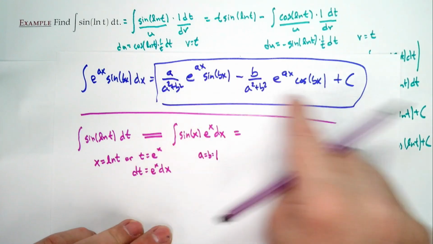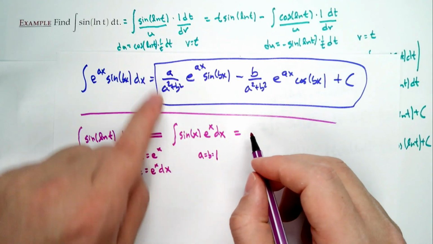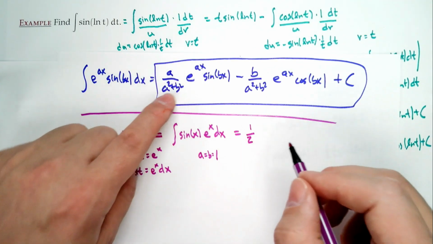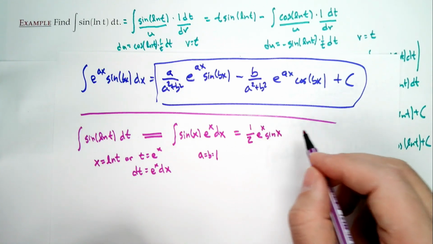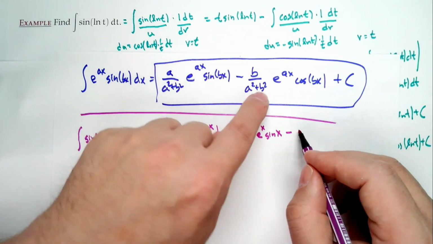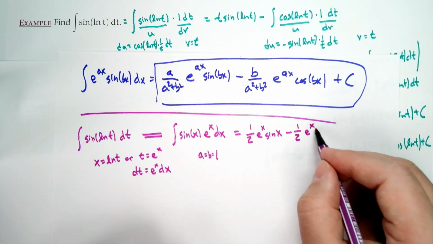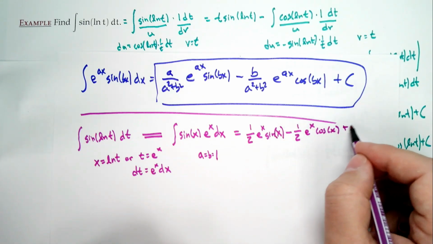So we apply the formula, which comes from doing integration by parts twice. We'll get 1 over 1 squared plus 1 squared, which is 2. So 1/2 e to the x sine x, then minus 1 over 1 squared plus 1 squared, which again is minus 1 over 2, e to the x cosine x, and then plus c.